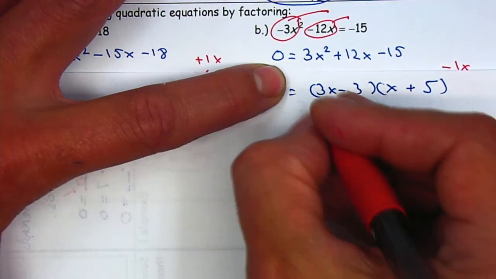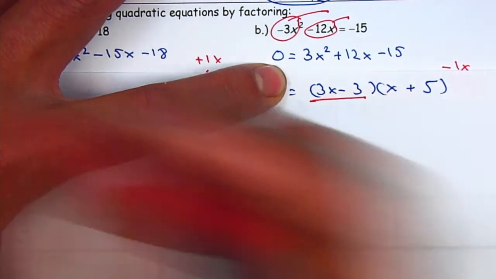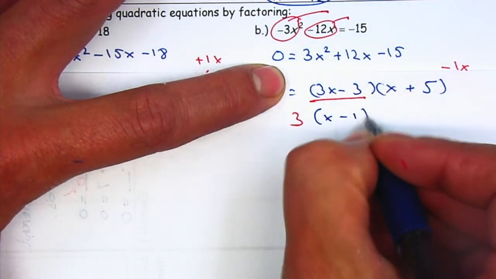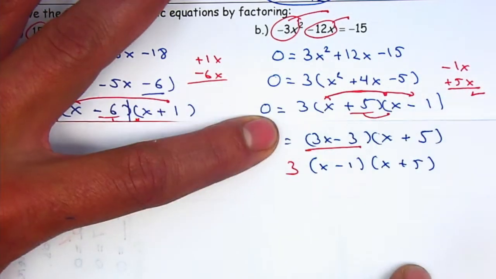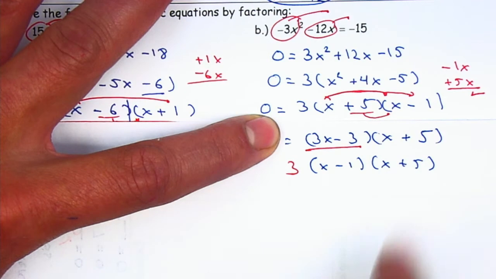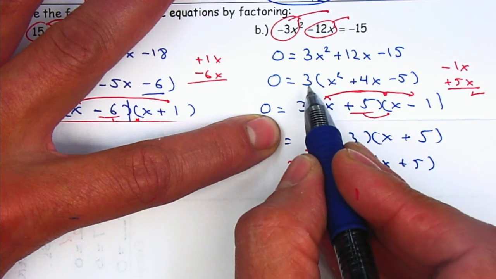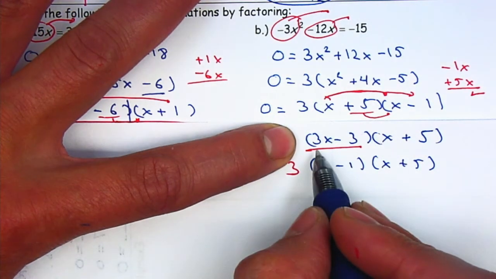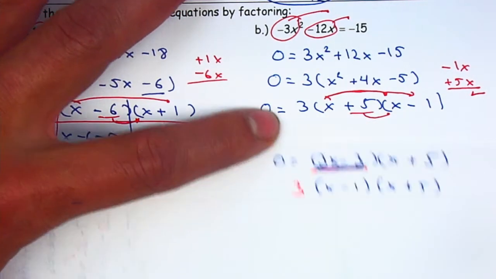But you have to take the extra step to take a 3 off from here. So the 3 will stay outside, and that gives me x minus 1 and x plus 5. And if you notice, I end up with the same thing: 3, x minus 1, x plus 5. So just be careful. Ideally you want to take out the 3 first and then factor. If not, you end up with larger numbers, but you want to take out the 3 anyway, especially as we go through later chapters.